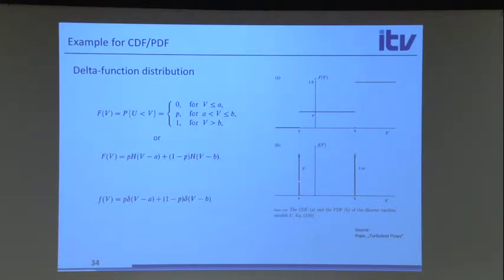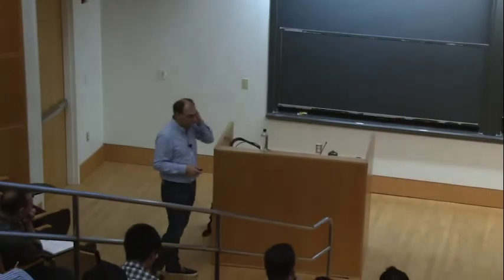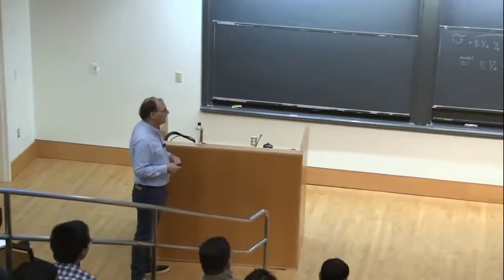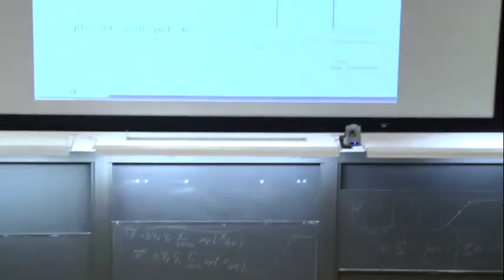So this here is, for example, what you have if you only have 2 possible values at all. For example, we'll see later on a scenario where the only two possible values we want to allow are 0 and 1.